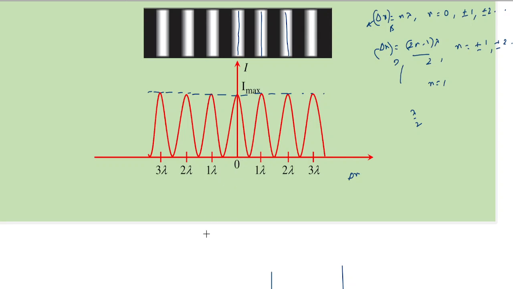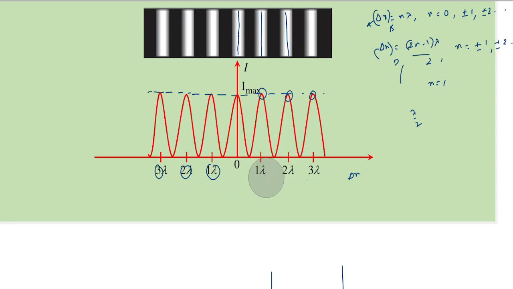So these centers correspond to multiples of lambda: 1 lambda, 2 lambda, and 3 lambda, and these correspond to half-lambda multiples: lambda by 2, 3 lambda by 2, 5 lambda by 2. And here also the values will be 1 lambda, 2 lambda, 3 lambda, but in the other direction, which means on the other side of the central bright band.